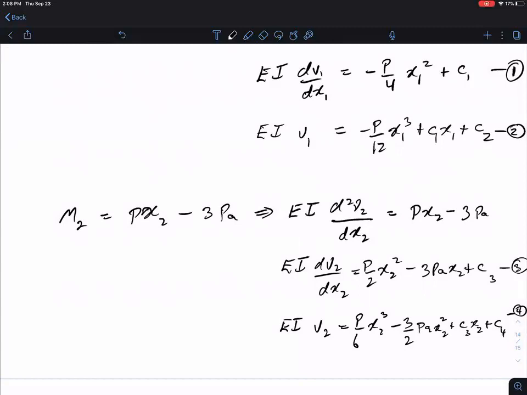To solve for the constants, we can implement the boundary conditions as well as the continuity condition. So we're going to use 3 boundary conditions and 1 continuity condition to solve for the constants.